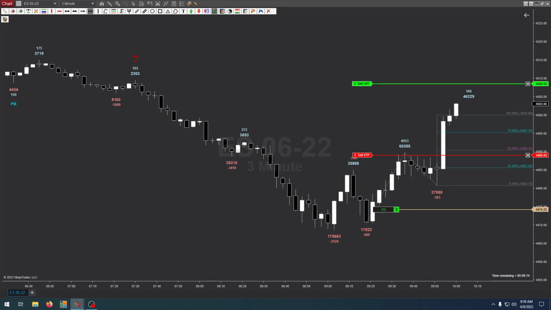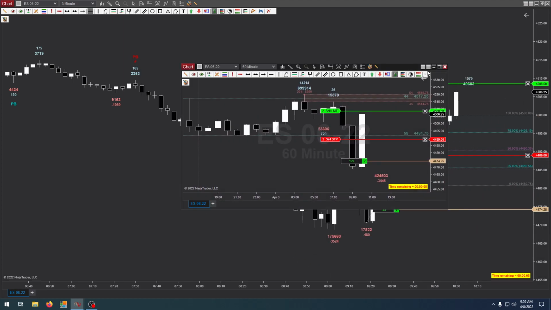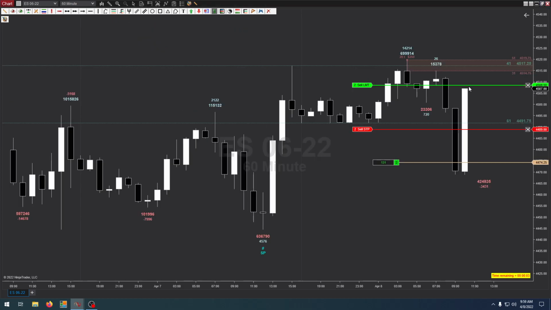16 seconds to go on the hourly. And I'll show it over here. The hourly's going after this. All we need to do now is confirm a swing high, and I'm out. That's all we need to do.